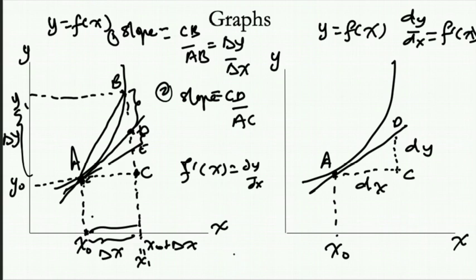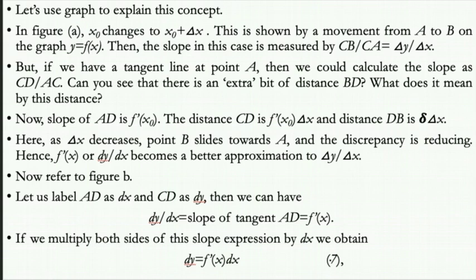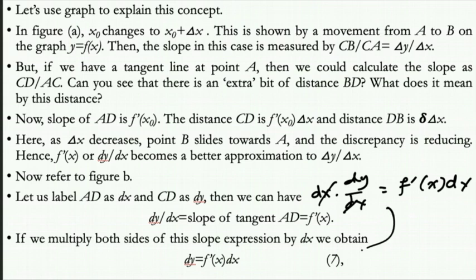If we multiply this expression on both sides by dx, then what do we obtain? We have dy over dx equals f prime x, so multiply both sides by dx. On the right hand side, you have dx. On the left hand side, you have dx. Cancel, cancel. Then you have dy equals f prime x dx.